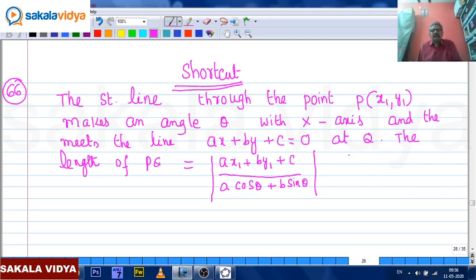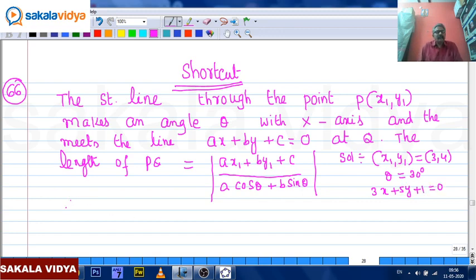So now the solution for this one. Here x1, y1 is how much given in the question? 3, 4. Am I correct? What is theta given? Theta is equal to 30 degrees, pi by 6. And next, what is the line given? 3x plus 5y plus 1 equals 0.